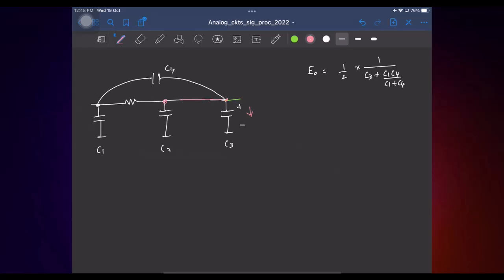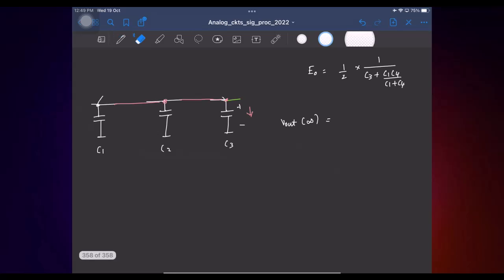Similarly, this current here is 0, which means C4 is no longer in the picture. So what is the final voltage, V out of infinity? How do you find it?